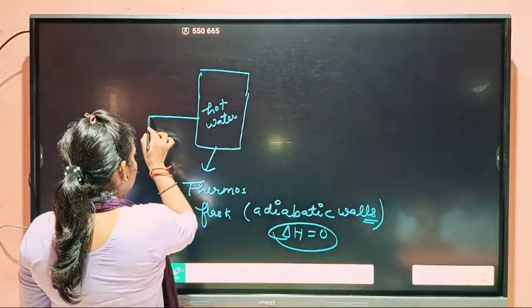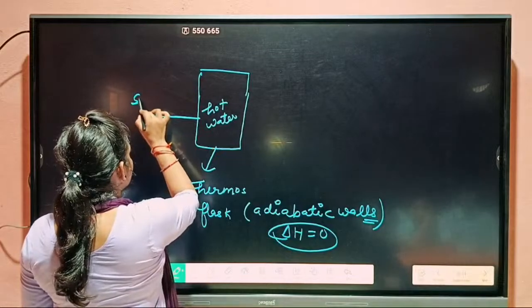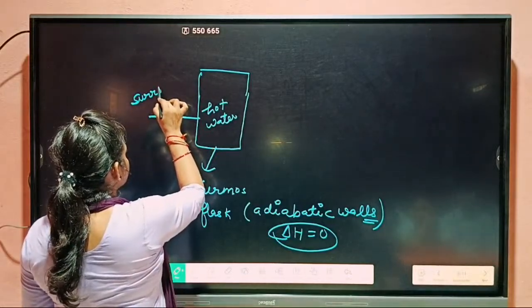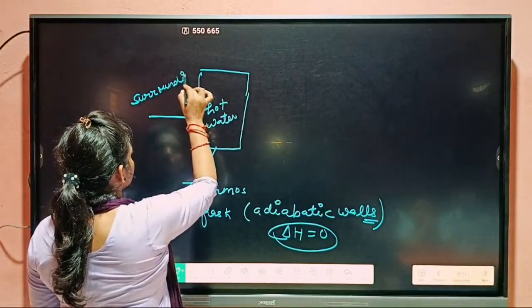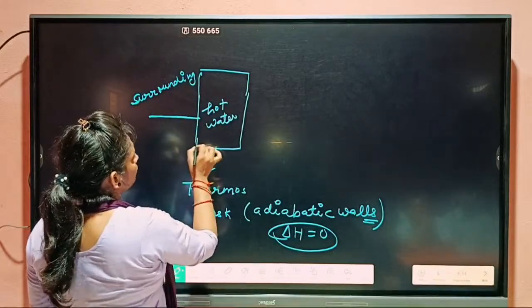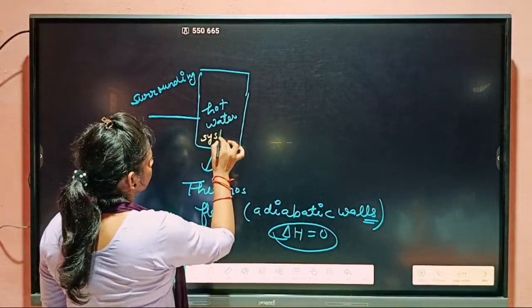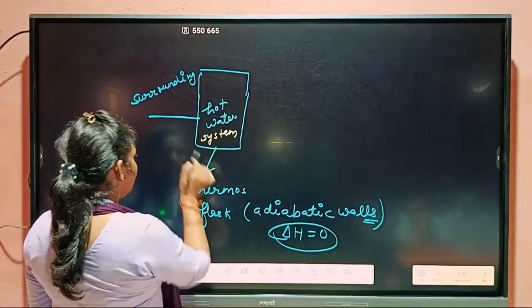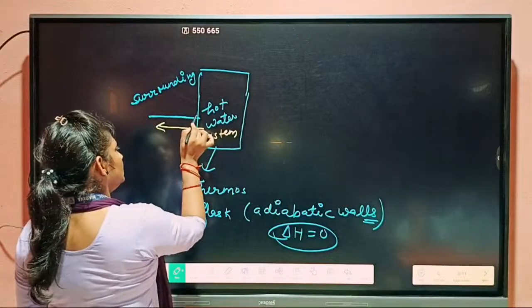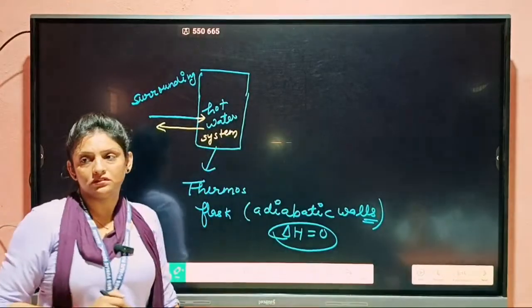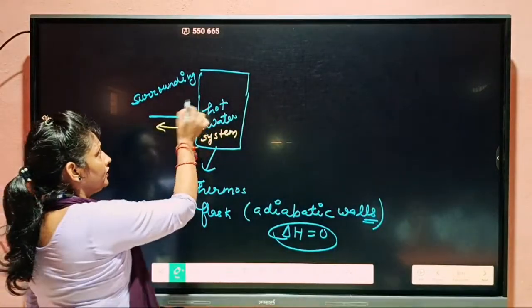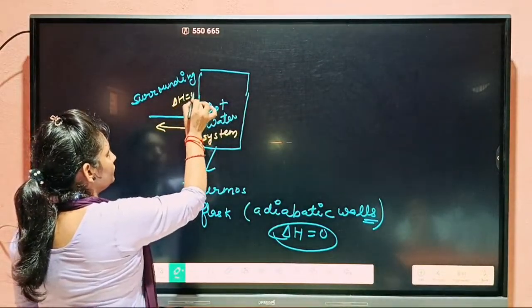if energy is not entering from the surroundings to the system, neither from the system to the surroundings, means here del H is equal to 0.